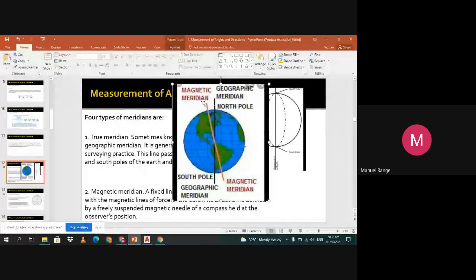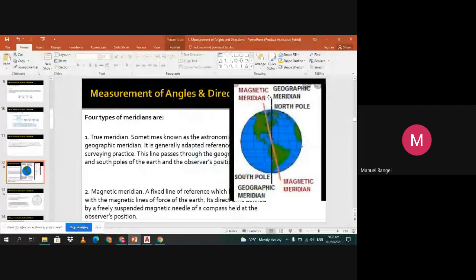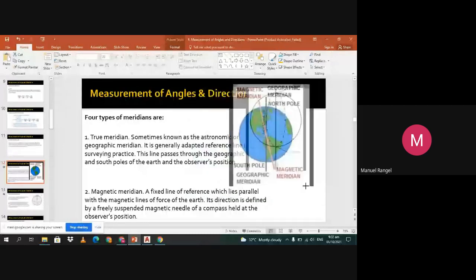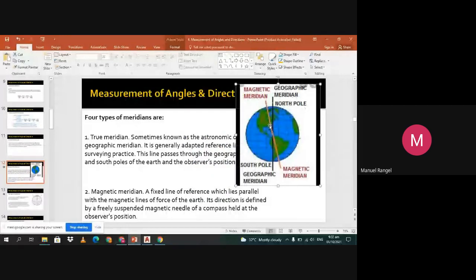Usahay kining magnetic meridians naga-usab-usab ang iyang orientation, sa northeast na side, sa northwest. Ginatawag na magnetic declination. Dili siya permanent.